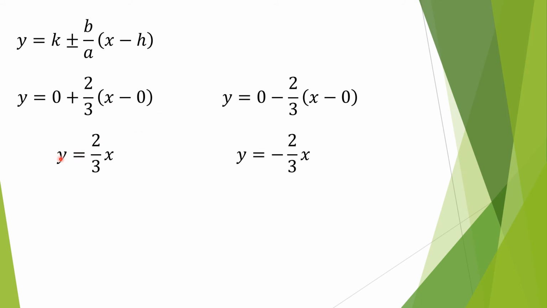Simplifying, we have y equals 2/3 x. Then we solve also for the minus sign: y equals 0 minus 2/3 times the quantity x minus 0. Simplifying, y equals negative 2/3 x. These are now the equations of our asymptotes.